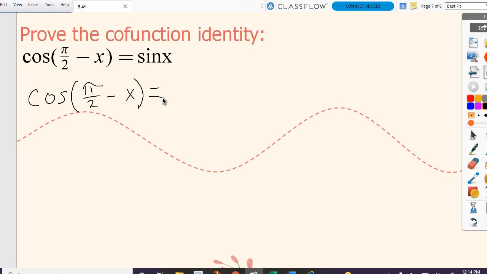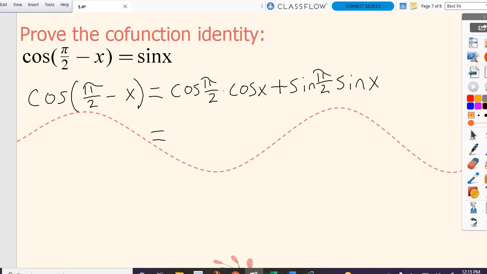So what are we going to have there? Cosine of pi over 2 times cosine of x, and then plus sine of pi over 2 times sine of x.